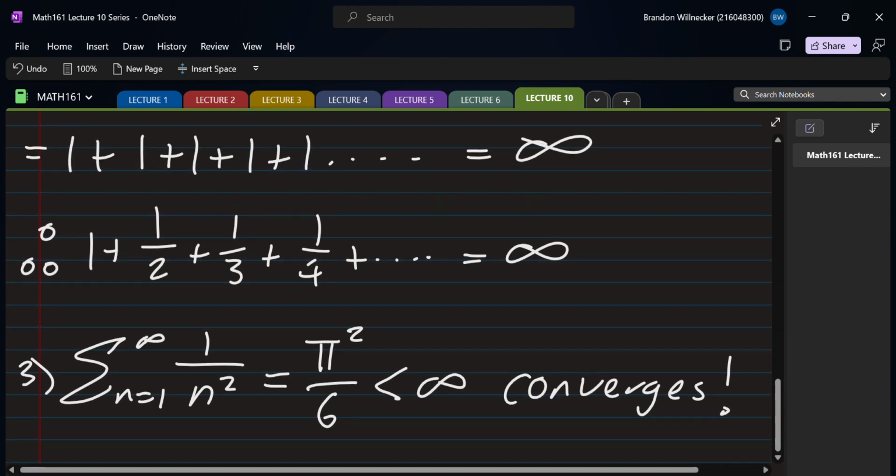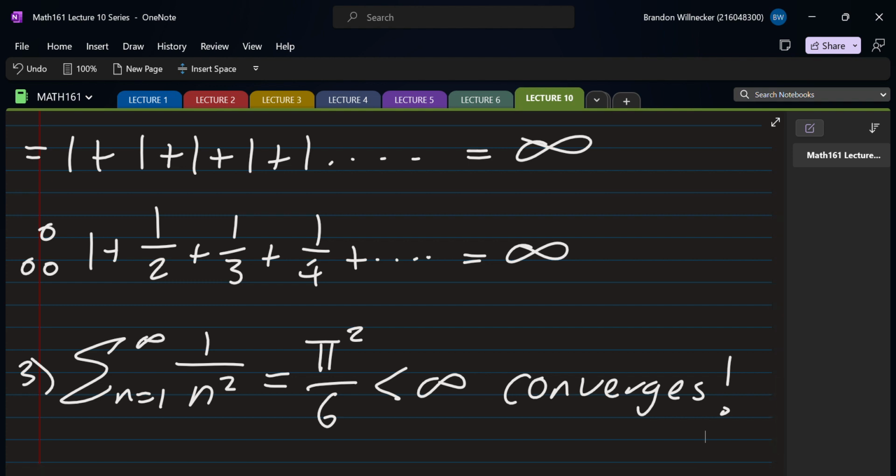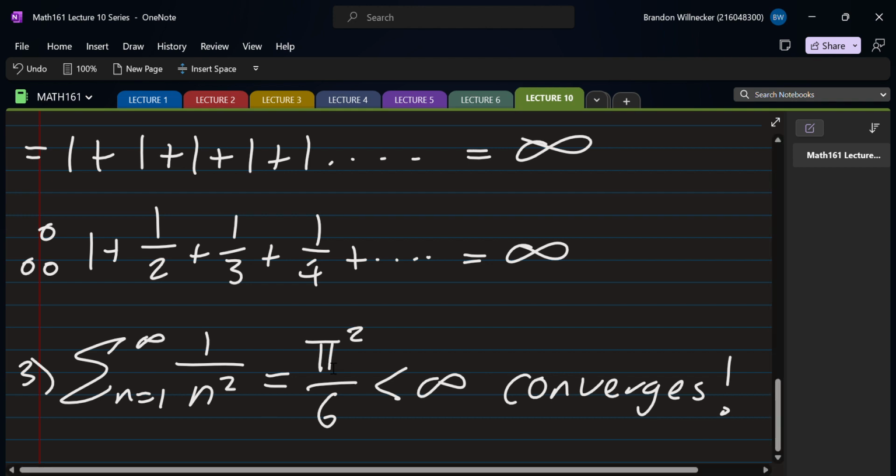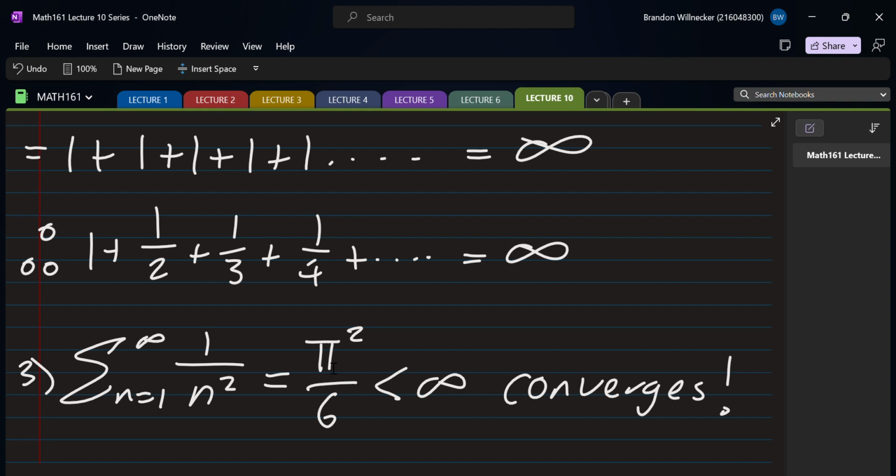So you see there's a little difference. 1 over n diverges, but 1 over n squared converges. So even though these series look very similar, they have different behaviors. It's very easy to get tricked by some of these. It may look like it converges from what you've seen before, but it might in fact diverge. So it's very important that you go through these tests.